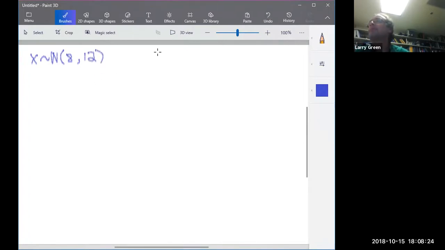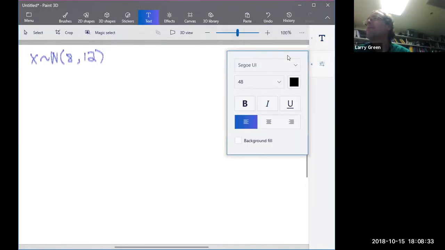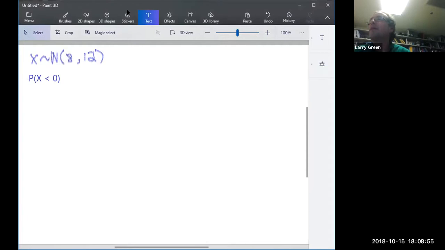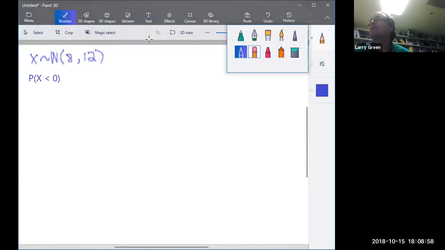Okay, and what I want is to find out the probability that X will be less than 0. Because you lose money means you end up with less than 0% gain. Is that clear? So as always, you should be used to this.